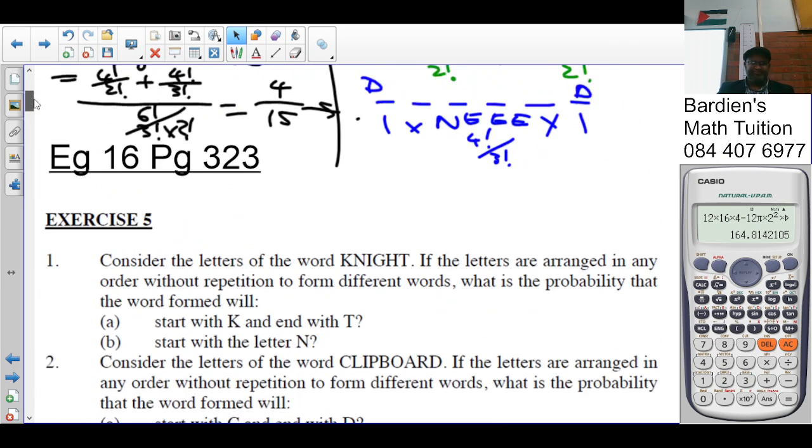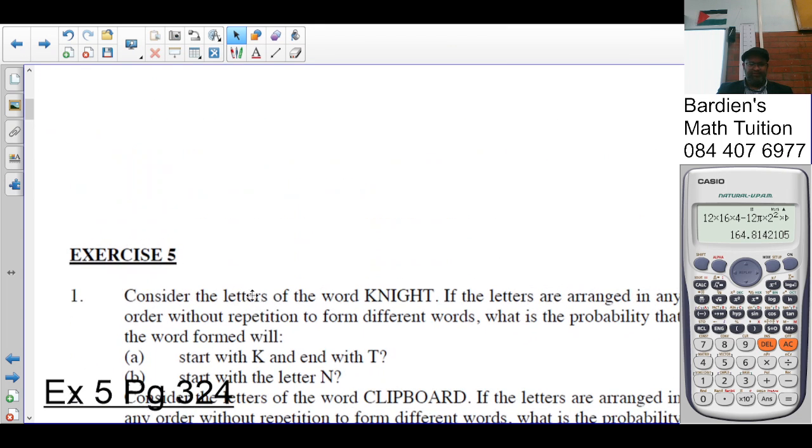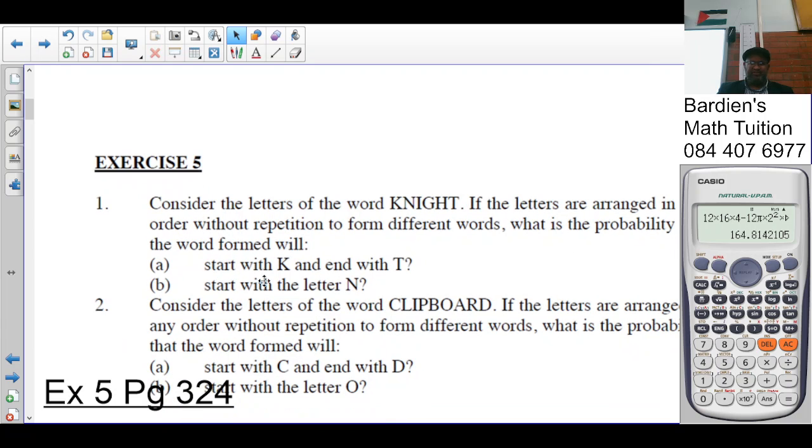Exercise 5, and Exercise 5 is on page 324. Did we answer none of these questions?